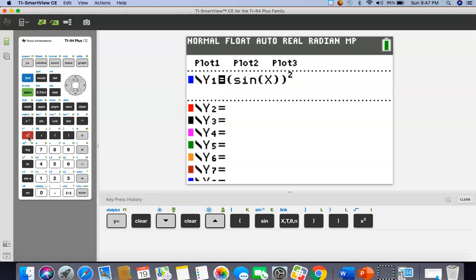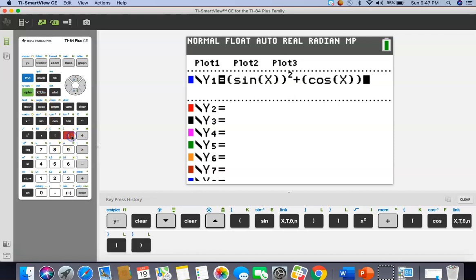So that's how you write sine squared on a calculator. You can't put the little squared there. The calculator, regardless of the one you have, I don't believe that an Nspire lets you do that either. And then plus the next one, do cosine squared. I'm going to put the cosine of the angle x, and I'm going to square it. And I told you that that equals 1.